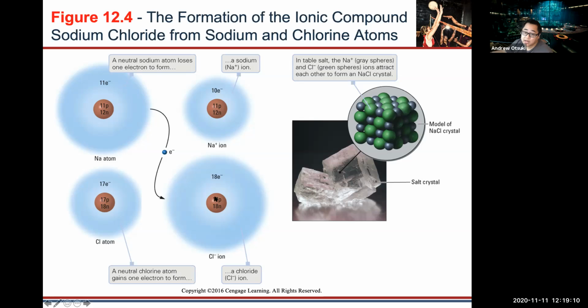So these two will combine and form this crystal structure, the salt. See here is pure salt in a very solid, very crystal-like nature. And here's the model of the crystal lattice. You see here that each sodium ion is bonded to a chloride anion in this lattice.